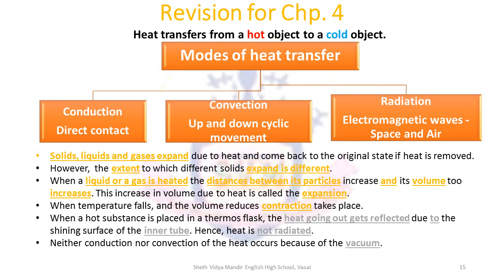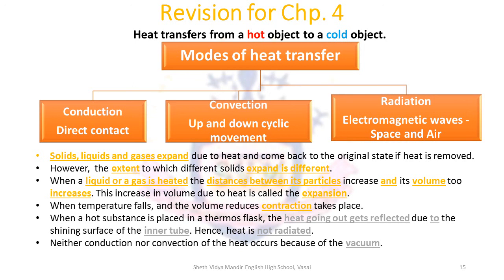Final is radiation. The examples of radiation are the heat of the sun, and the heat you feel during winter evenings when you stay close to a bonfire. You don't touch the bonfire, but just staying close to it, you feel the heat that is emitted by the bonfire.